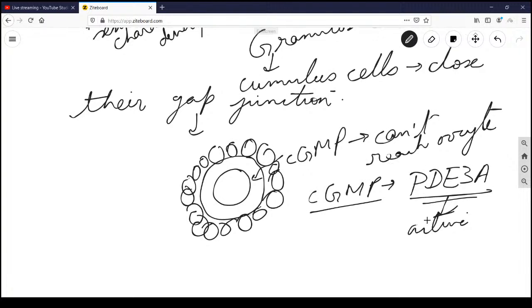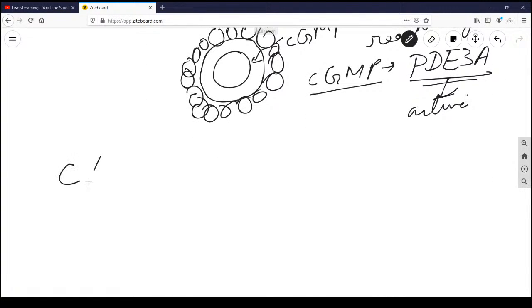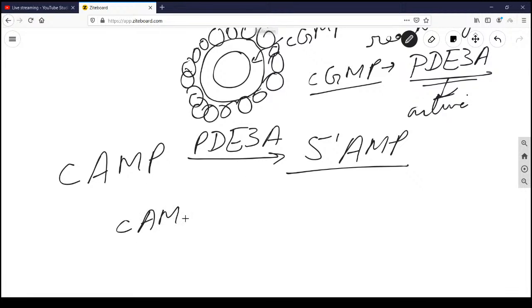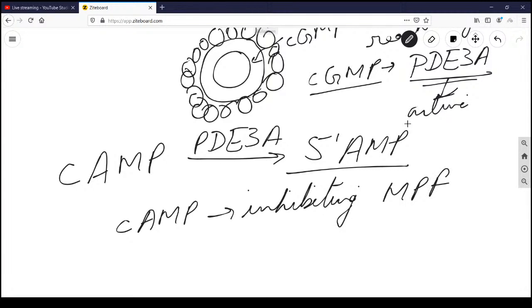When PDE3A will be active, the cyclic AMP, which is produced by the oocyte only, will be degraded by phosphodiesterase 3A to 5' adenosine monophosphate. Now since this is broken, and cyclic AMP was inhibiting maturation promoting factor, this will not be inhibited, this will now be active.